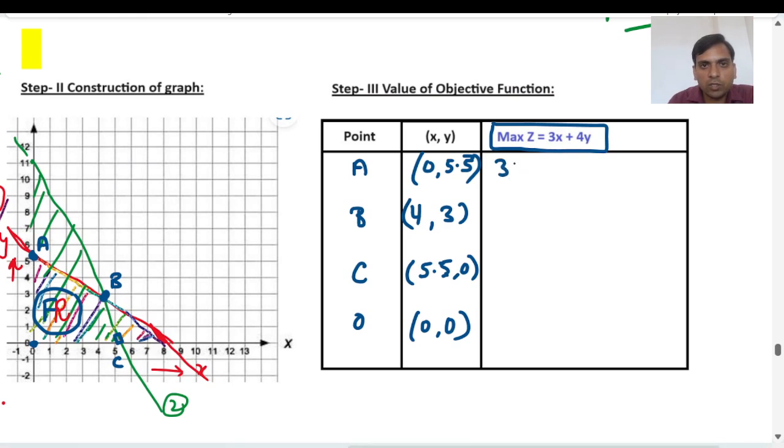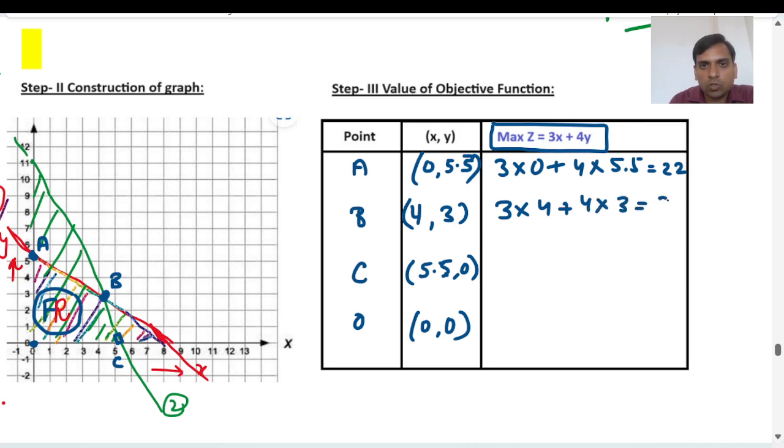So 3 into x equals 0 plus 4 into y equals 5.5. So this equals 22, and this is 4 and 3. So this is 3 into 4 plus 4 into 3.